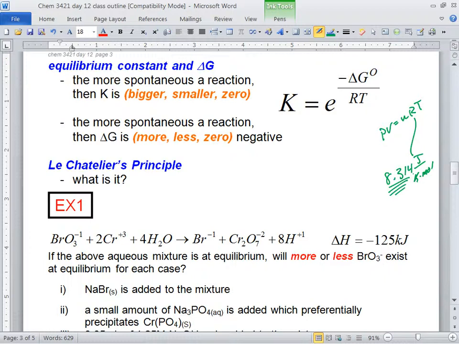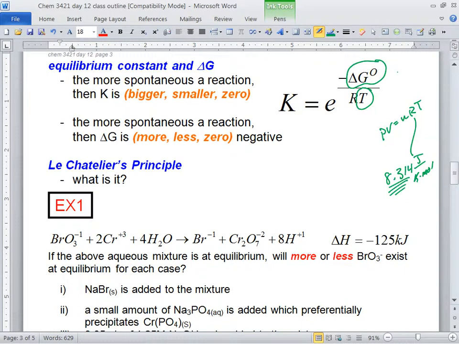So T had better be in what units? Kelvin.